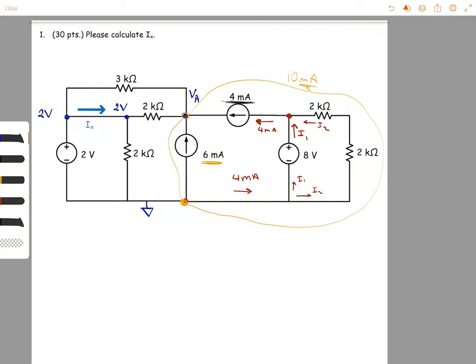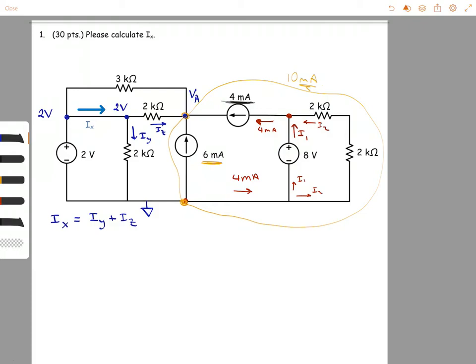Then we can solve for VA to calculate the currents running through these resistors, which are IY and IZ. Once we have those, we can say that Ix equals IY plus IZ.